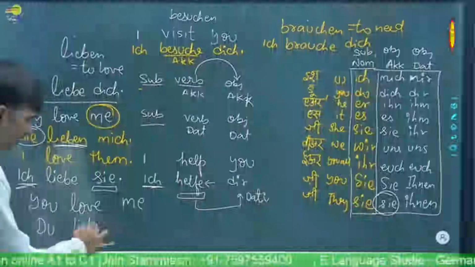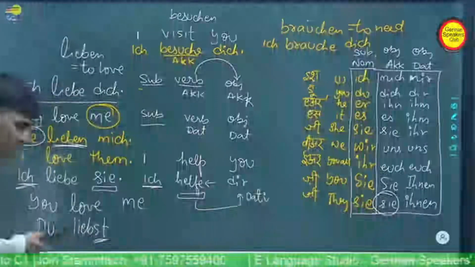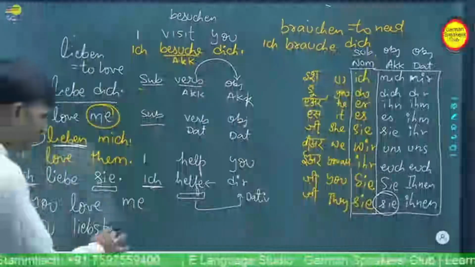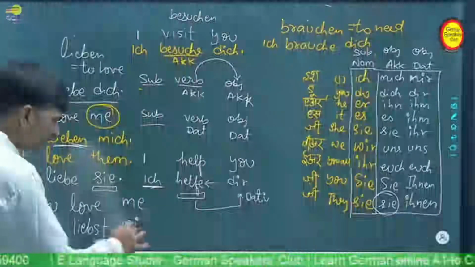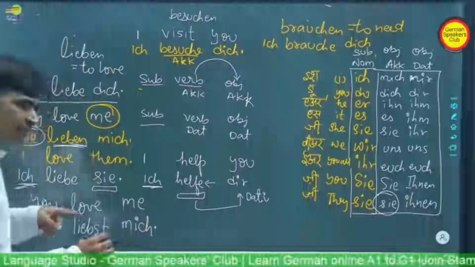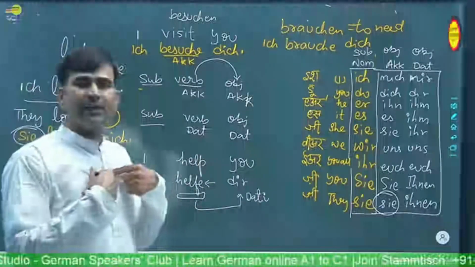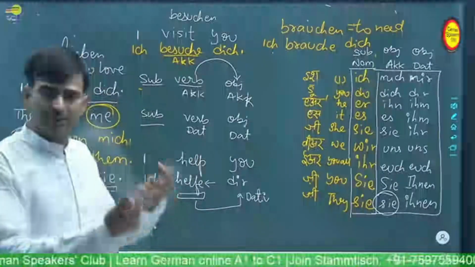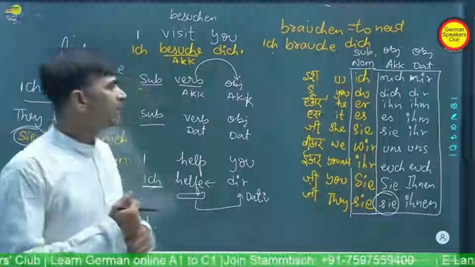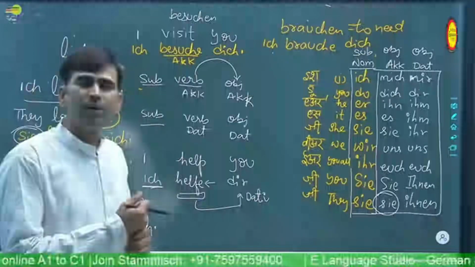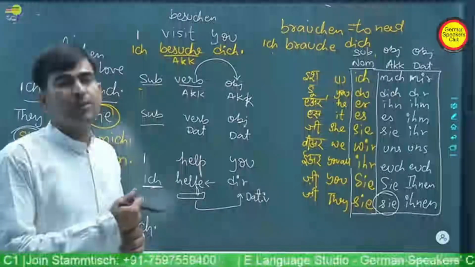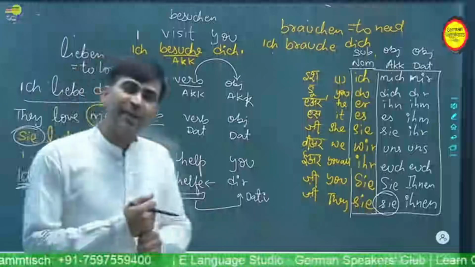So here we see that when ich is in the first place, it gets the conjugation done according to ich. So ich liebe, du liebst, you love me. Mich, because you love me. Let's see this construction. Du liebst mich, st because there is du.